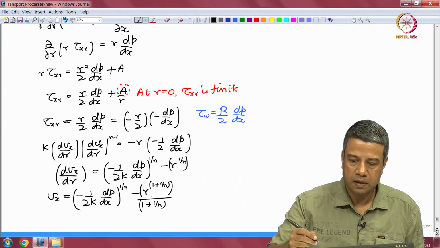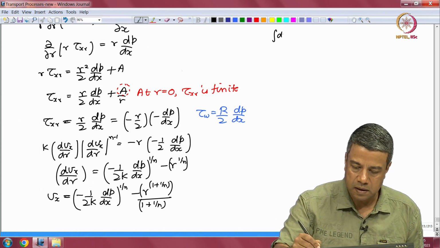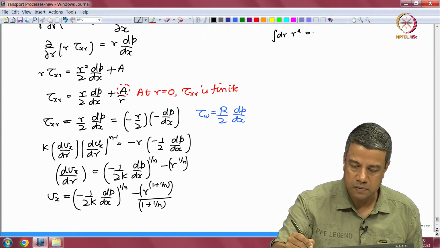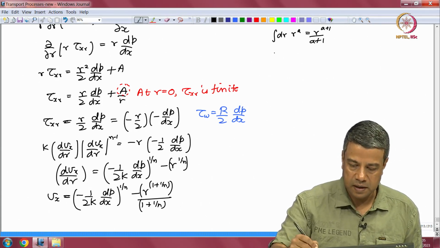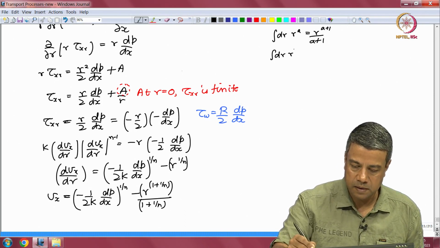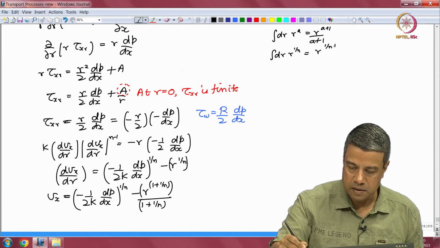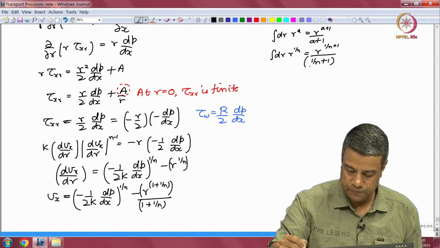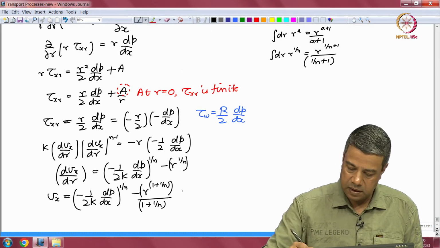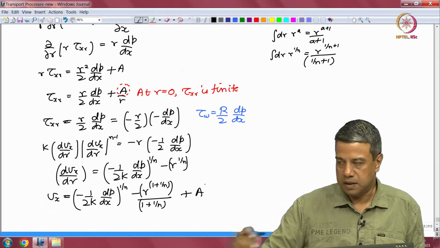Note that the integral dr times r power a is equal to r power a plus 1 by a plus 1. So, if a is 1 over n, the integral dr r power 1 by n is equal to r power 1 by n plus 1 divided by 1 by n plus 1. So that is what I have here, plus a constant of integration a.